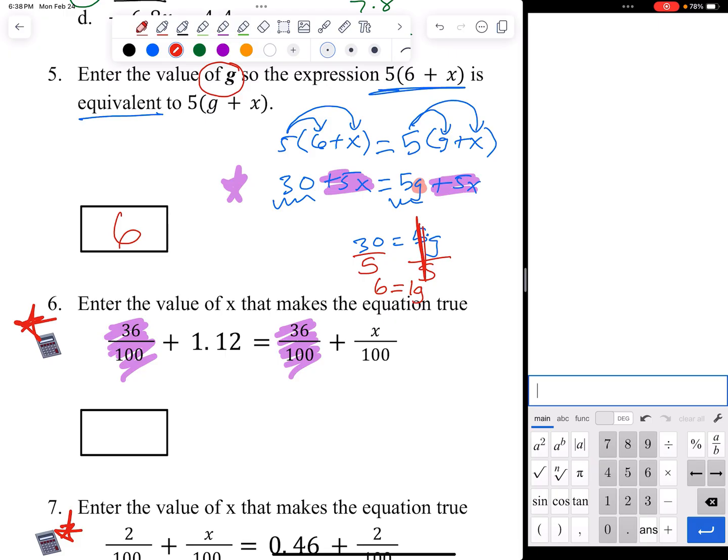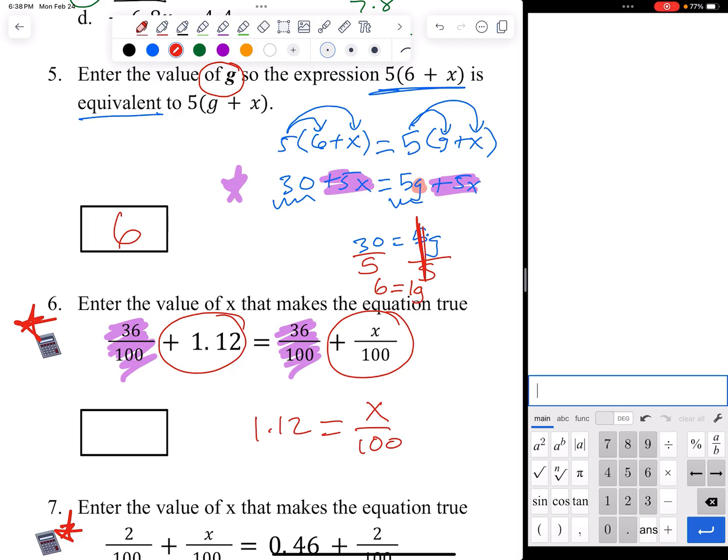So what do I have left? I know that then this one should be the same as that one. So 1.12 should equal x over 100. Interesting. So how do I solve for x? Well, remember, one of the things I tell students from here until forever is how do I get rid of a fraction?